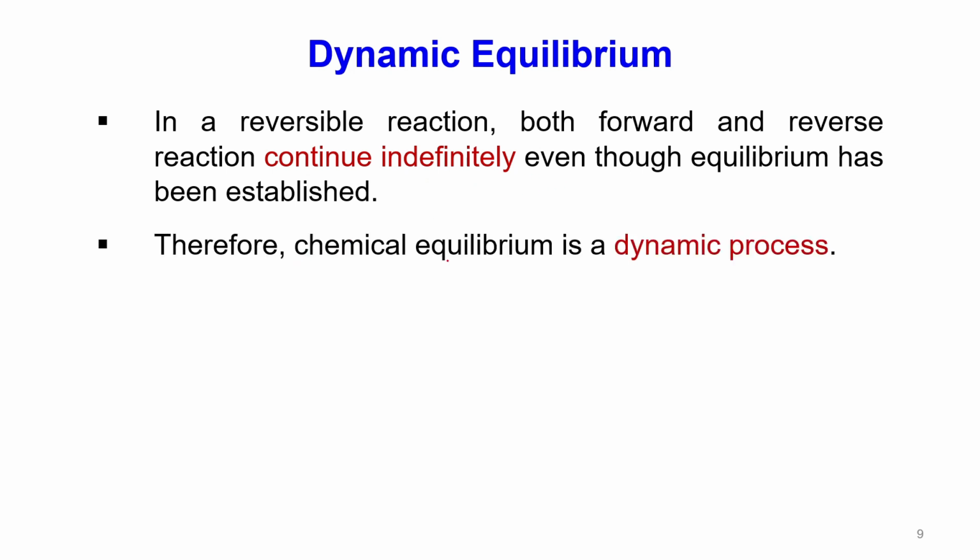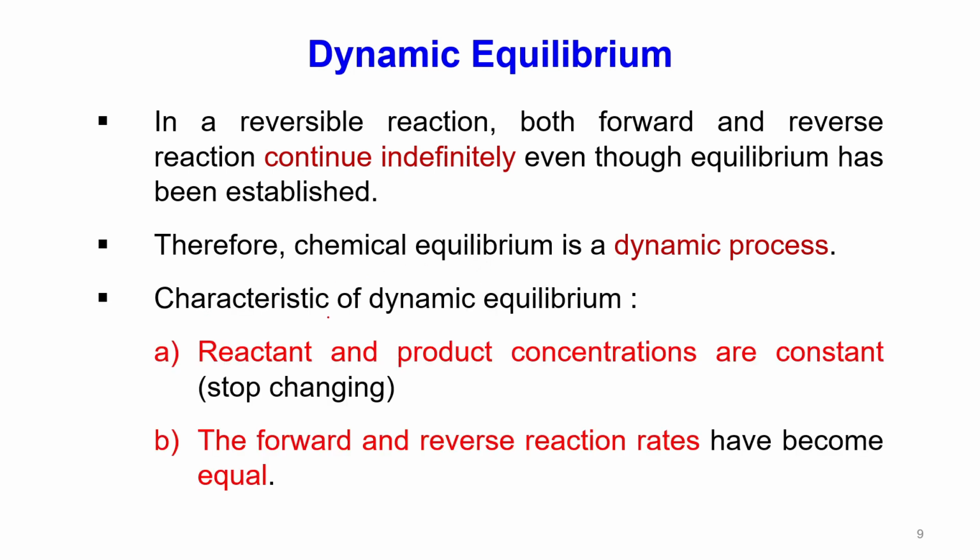Therefore, chemical equilibrium is a dynamic process. So the characteristics of dynamic equilibrium: reactant and product concentrations are constant, meaning they stop changing, and the forward and reverse reaction rates become equal.